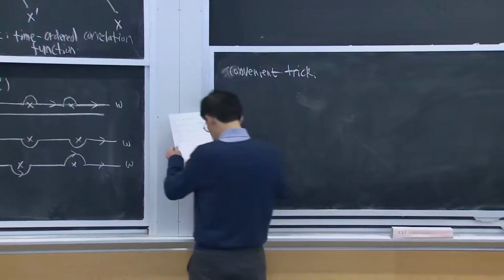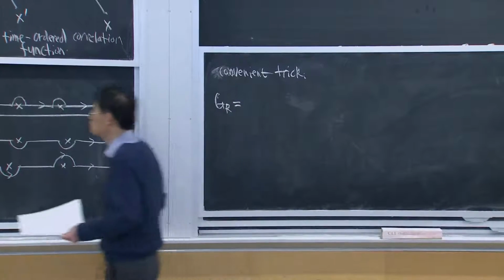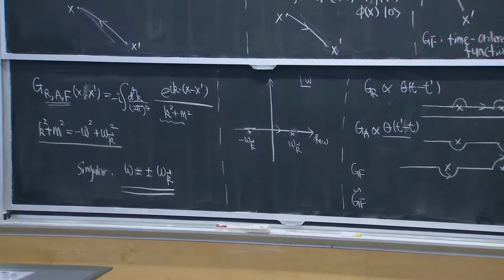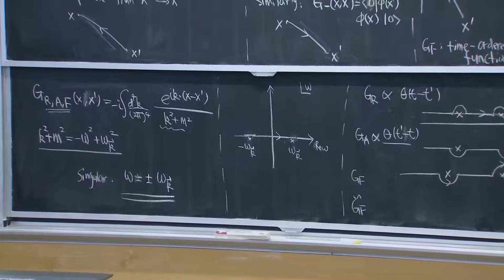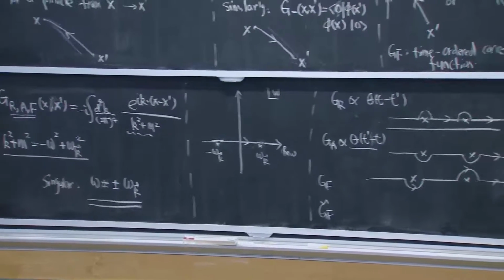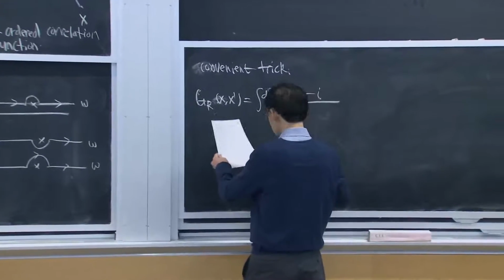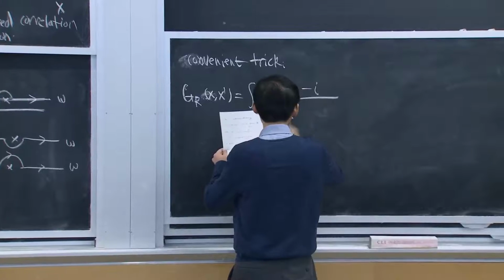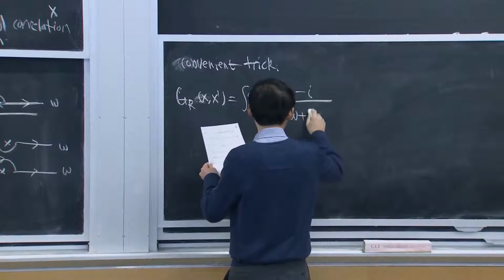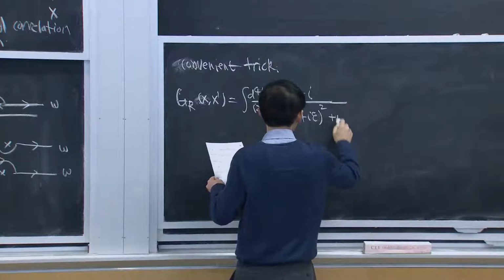For example, in the retarded case, we always do the integral with the same contour. We don't change the contour, but we slightly change the integrand to be (omega plus i epsilon) squared plus omega_k squared.